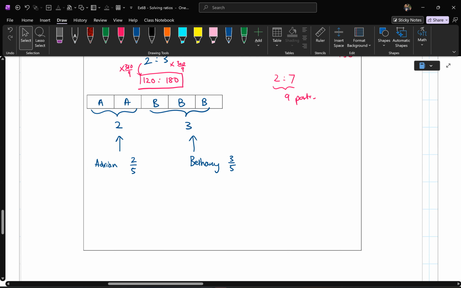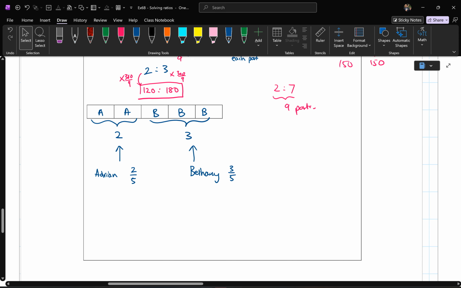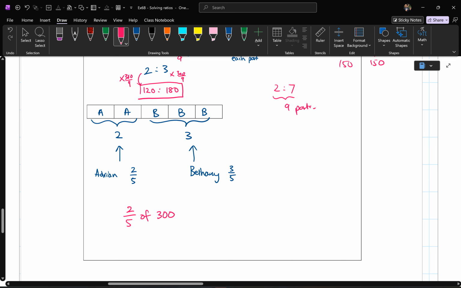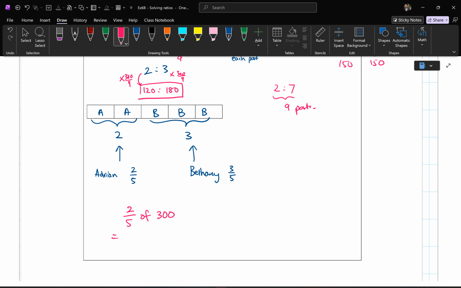So if you wanted to actually work it out, this is where you jump right into fractions. $300, Adrian should get 2/5 of 300. Now using what you've learned from percentages, 2/5 is a fraction already, so you don't have to write anything there. 2/5. What does of mean again? Times. So it's just 2/5 times 300 over 1, because 300 is a whole number, turning into a fraction is 300 over 1.